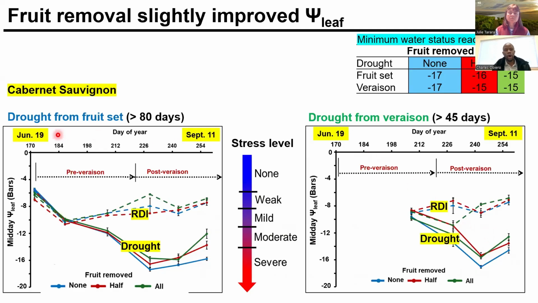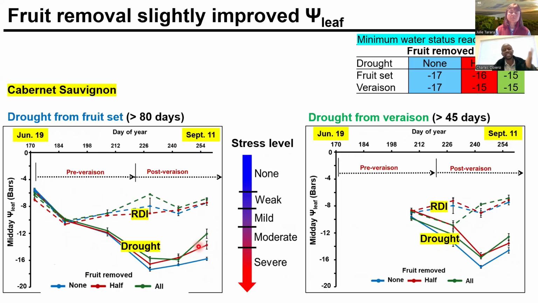So even though our drought from fruit set took longer to get there, compared to our drought from veraison, the stress was the same. Fruit removal helped a little bit. So probably it is the duration that determines what level of impact you are going to have on the vines.